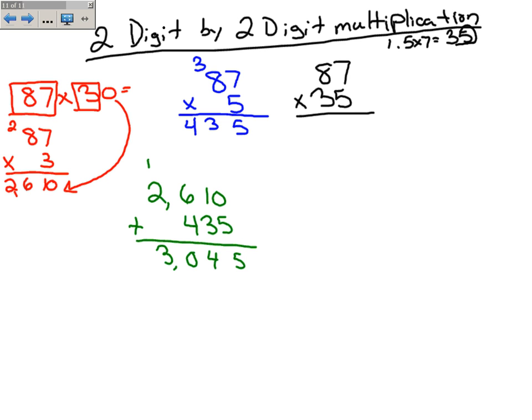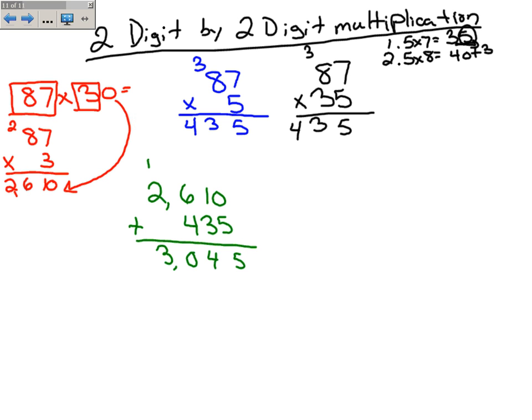Well, we wrote the 5 and we carried the 3. Next step we did was we multiplied 5 times 8. That equaled 40. Then we had to add that 3 back in. 40 plus 3 is 43. You see where we got that 435 from? We just multiplied 87 times 5.